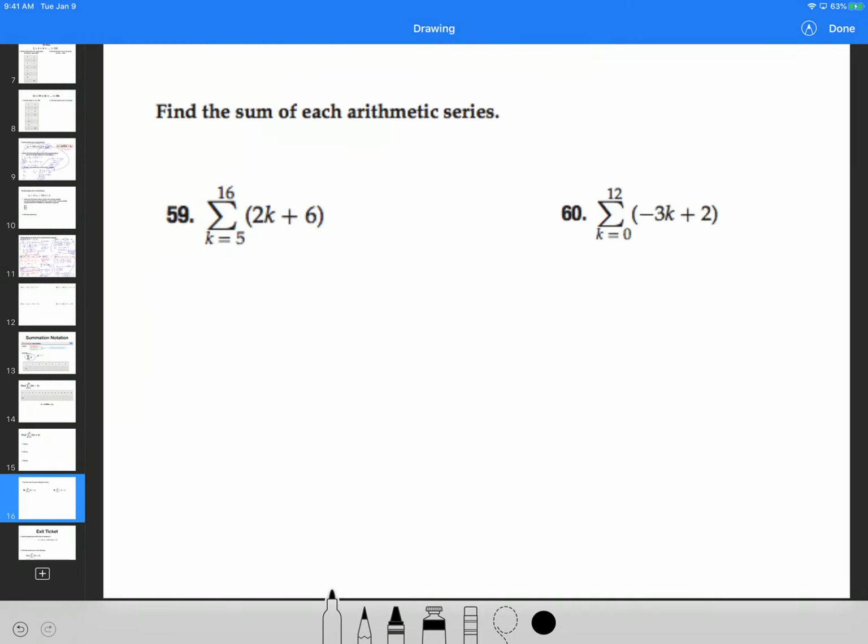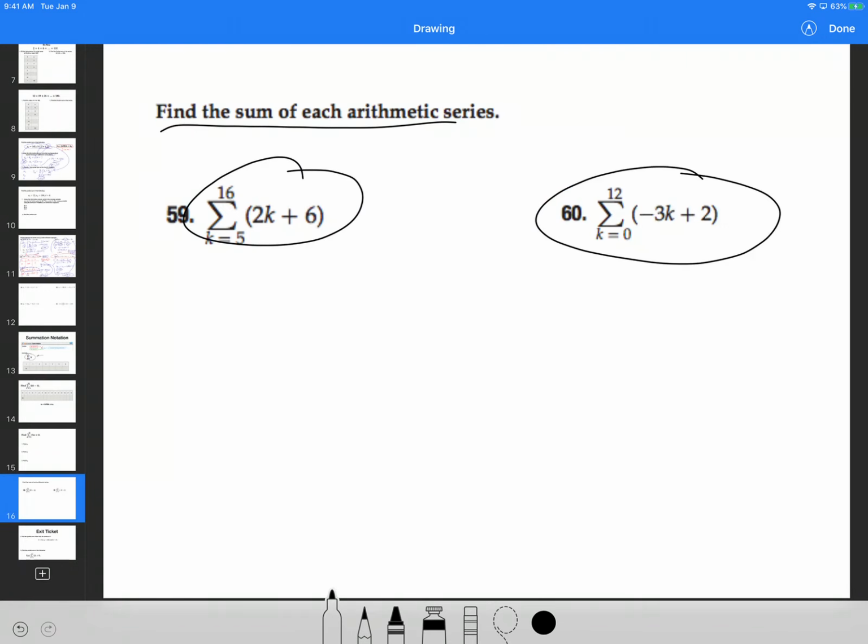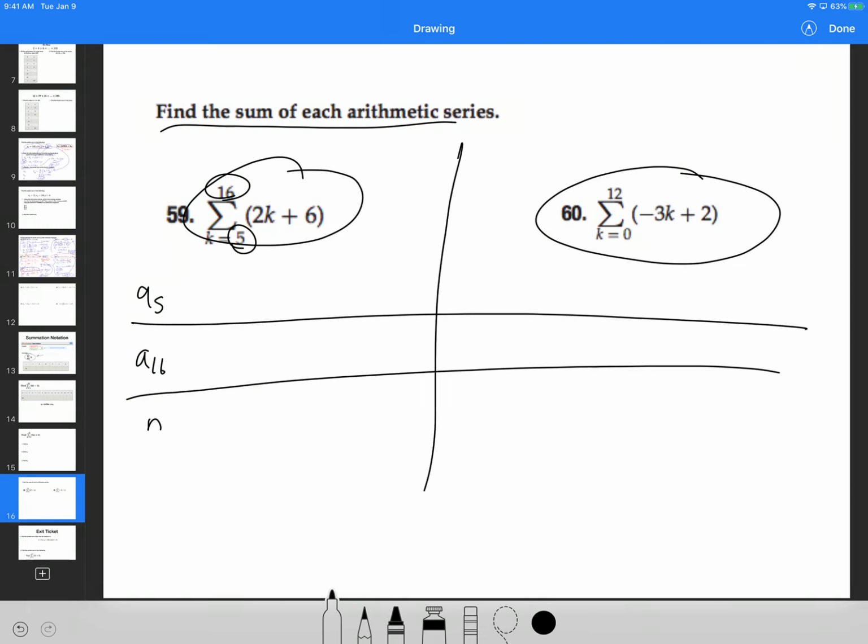Okay. All right, let's do 2 more examples, just like that one. So find the sum of each arithmetic series. Now, I'm not going to tell you to specifically find a sub 5, a sub 16, because that's my first and the last term of the sequence, and also find the n value. But that is what you should be doing for both of these questions, and then find the summation of those numbers.